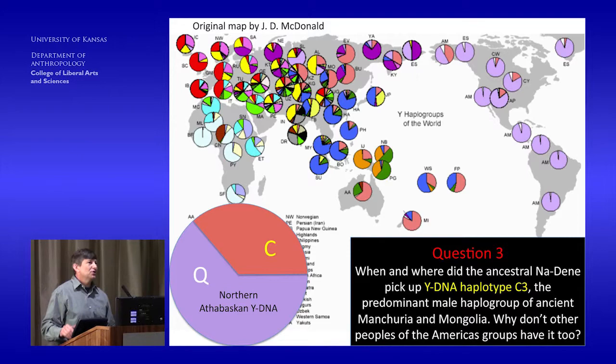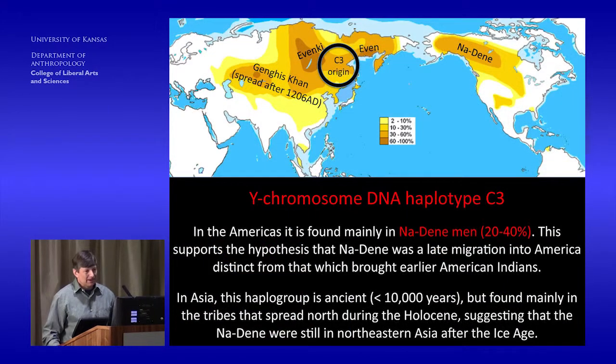Okay, let's start with answering question 3, because that's the easiest and the most straightforward. The ancient male DNA haplotype C, the haplogroup, is very, very ancient. But the subclade that is in North Asia, C3, and a variety of it is predominantly in the areas that are Na-Dene or other Native Americans that were known to have interacted with Na-Dene.